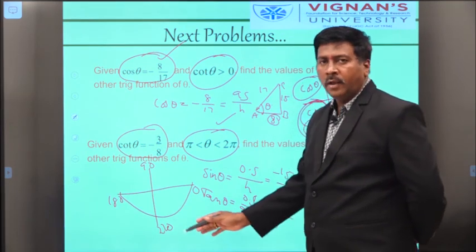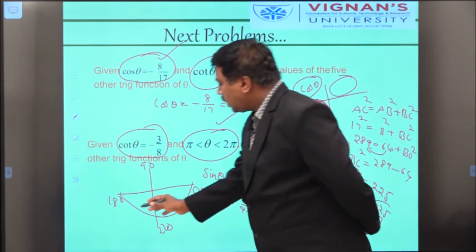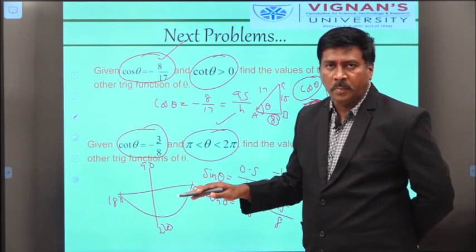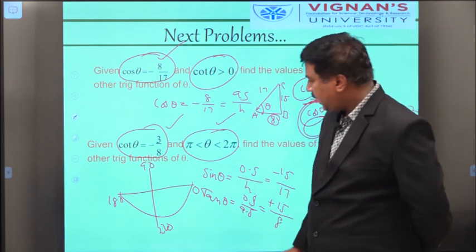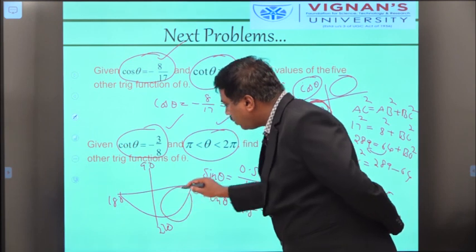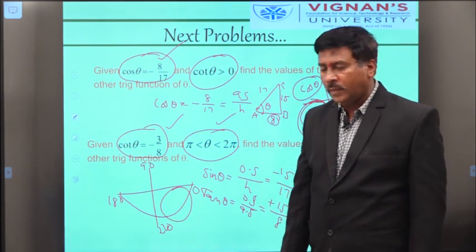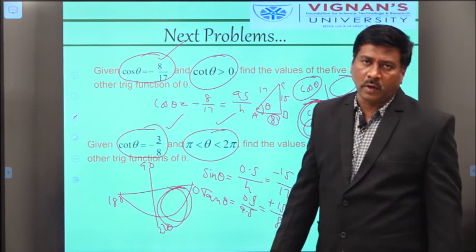We have to determine in which quadrant theta lies. In the third quadrant, the tan value is positive and the cot value is also positive. But here the value is given as negative. That means in the fourth quadrant of the coordinate plane, the tan and cot values are negative. Then automatically theta lies in the fourth quadrant of the coordinate plane.